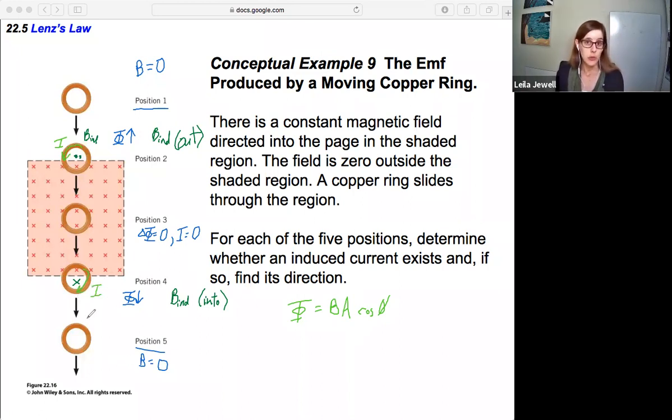But that current will vanish as soon as the changes stop, as soon as it returns to just passing through an area of no magnetic field. So this introduces Lenz's law and how we can look at how the induced current is always going to be set to oppose the change in magnetic flux.